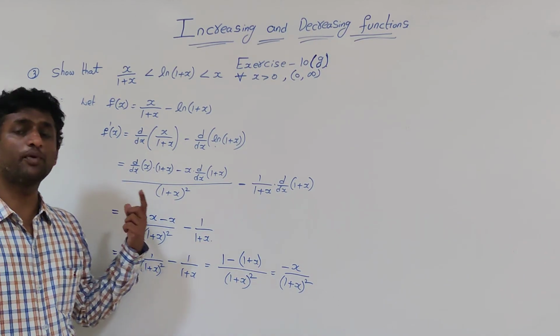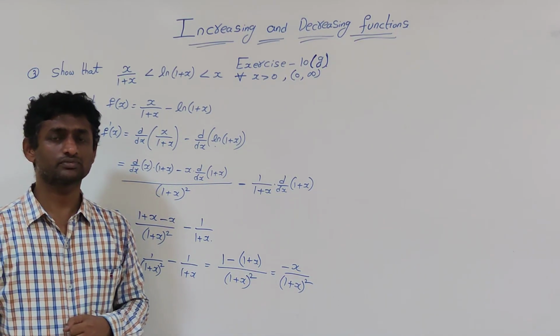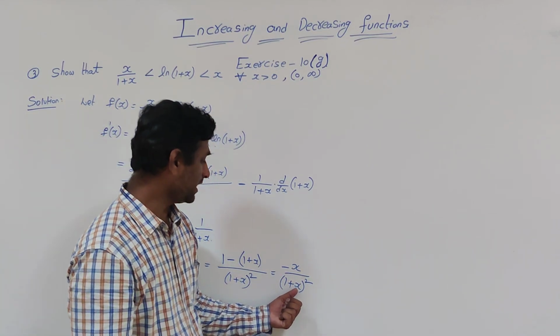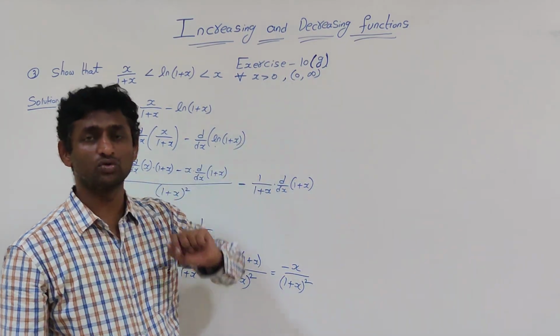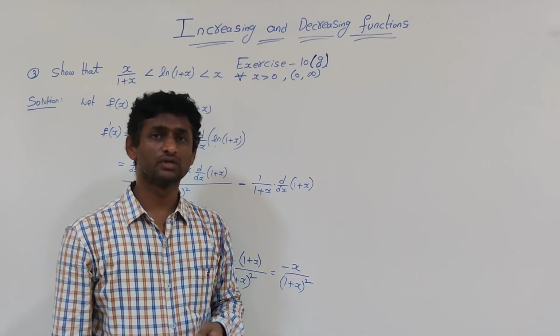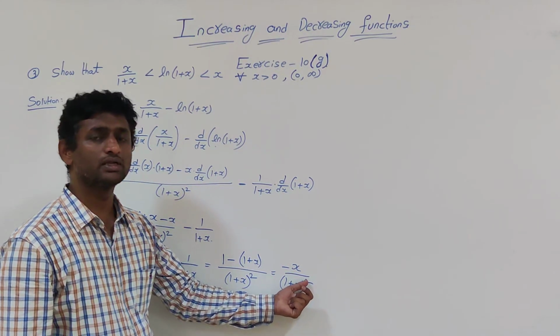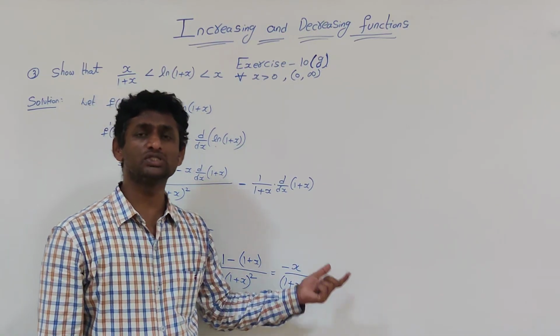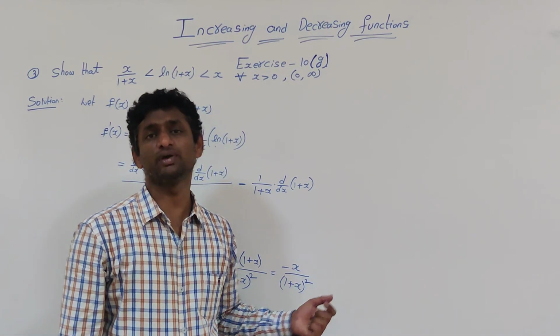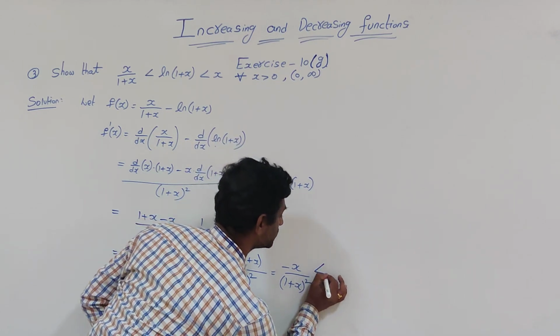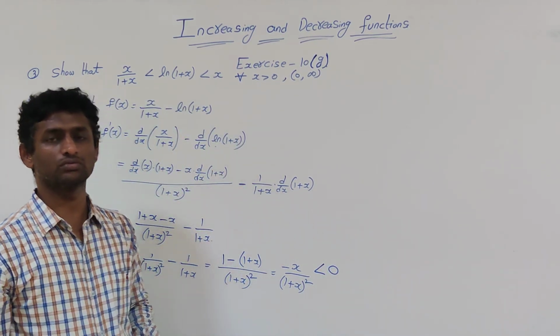Now, what type of sign exists? If you choose any number x which is greater than 0, if I choose 100, then what happens? Minus 100 by 1 plus 100 whole square. Is it a negative value or a positive value? It gives a negative value, which is always less than 0.